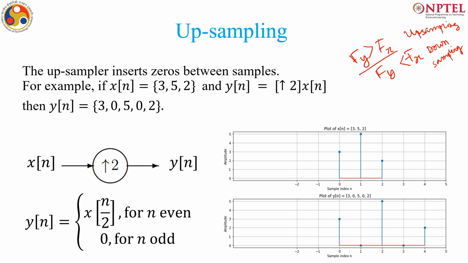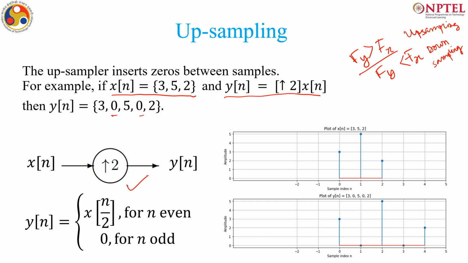For example, if this is my signal x equals 3, 5, 2 and I want to upsample by a factor of 2, so I want to increase the sampling rate twice, I will insert one 0 in between each sample of my x n.